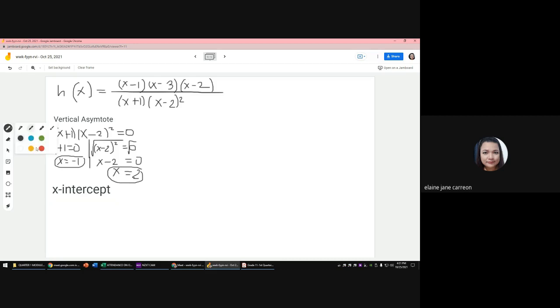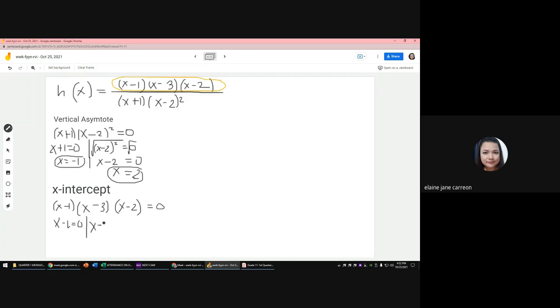Okay. So, paano natin malalaman yung x-intercept? Kunin natin yung numerator naman dito. Ayan, numerator. Tapos, i-equate mo siya sa 0. So, we have x minus 1 times x minus 3 times x minus 2 equals 0. Okay, so tatlo yan. X minus 1 equals 0.